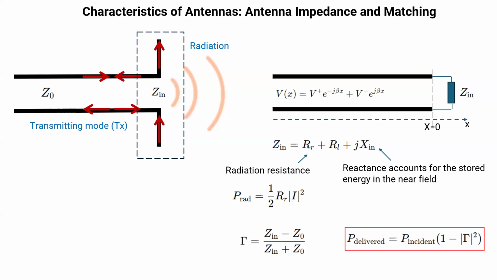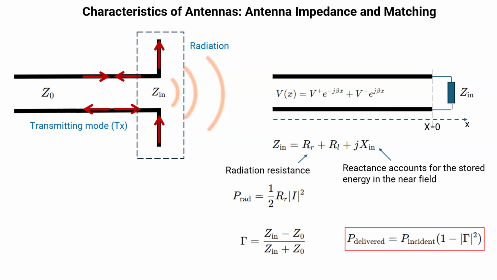In order to describe what part of the power actually gets to the antenna, I'm sending the signal in the form of a propagating mode through this transmission line. This transmission line comes to the antenna, and in the general case, a part of this radiation reflects back. So this is some sort of a loss.